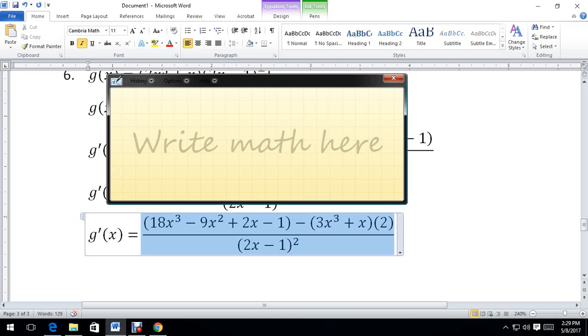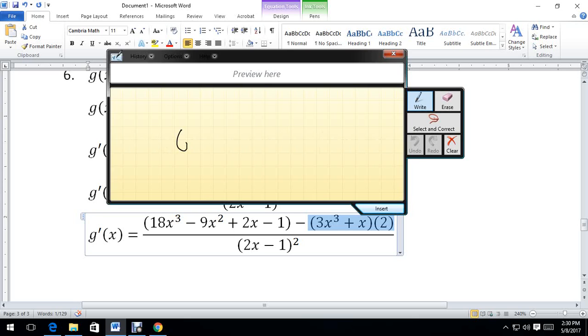Now for this part of the solution, you have to distribute 2 with 3x squared plus x. So that becomes 3x cubed times 2, that becomes 6x cubed, then plus 2 times x, that gives you 2x.